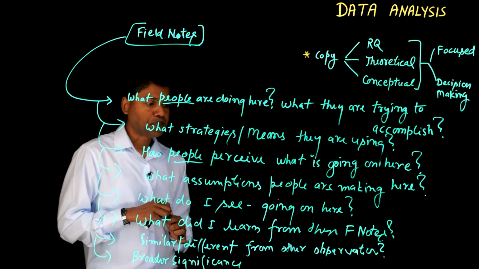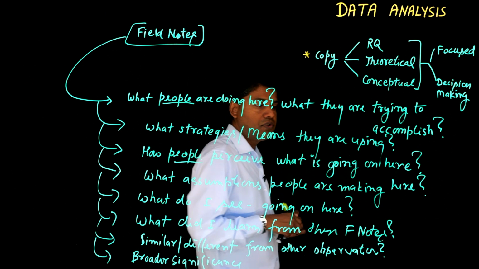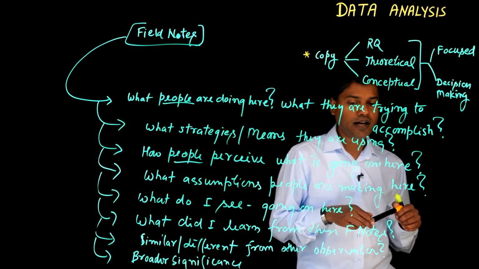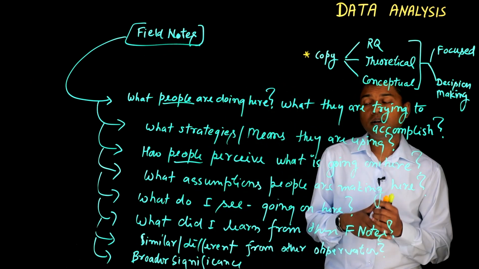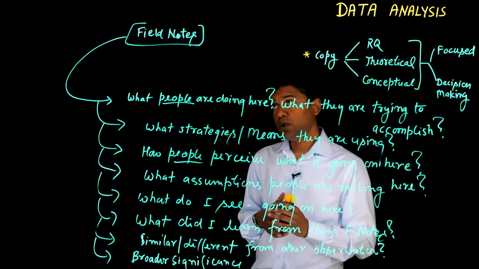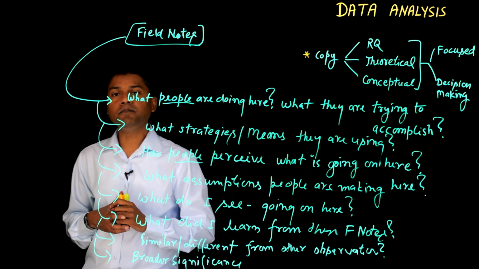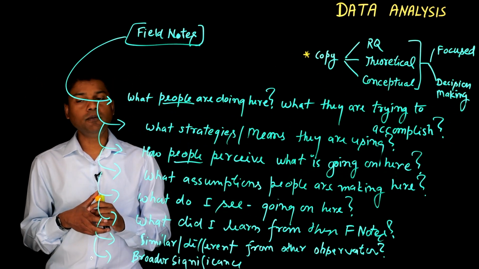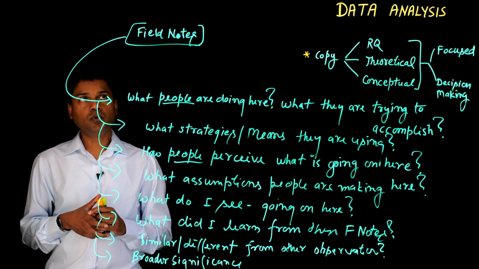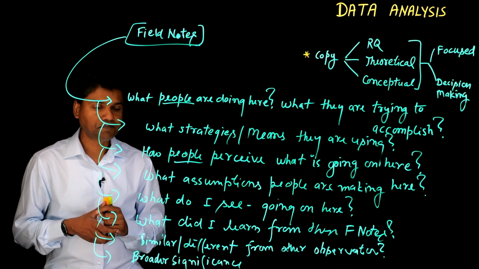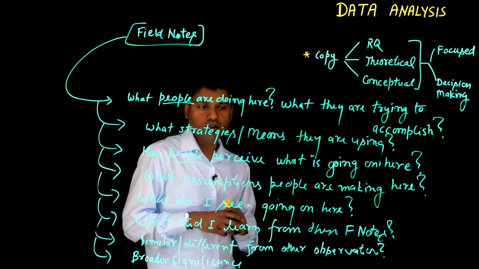If you are doing field observations, or have documents that you have prepared that need to be coded, these are the questions that one should keep in mind, and they will help you to code your field notes. Let's recap what we learned here.